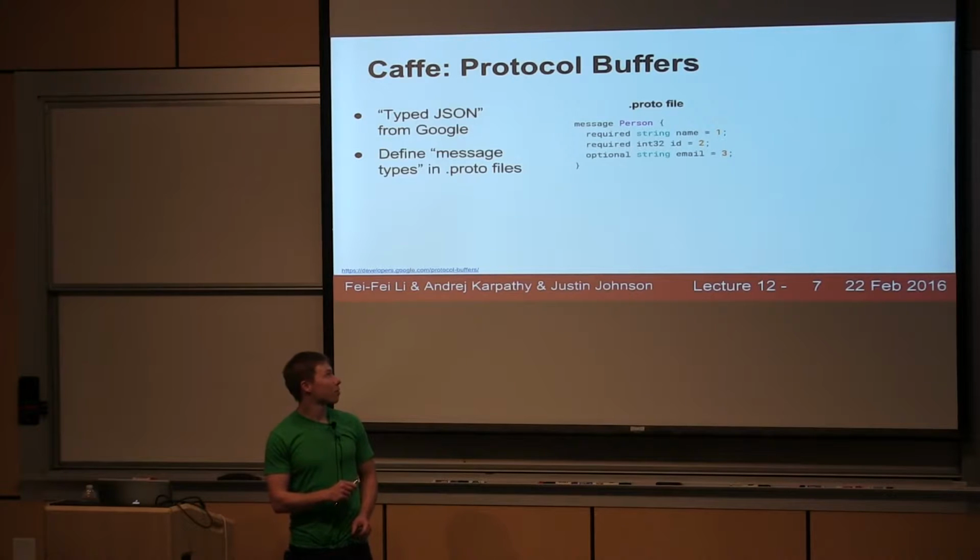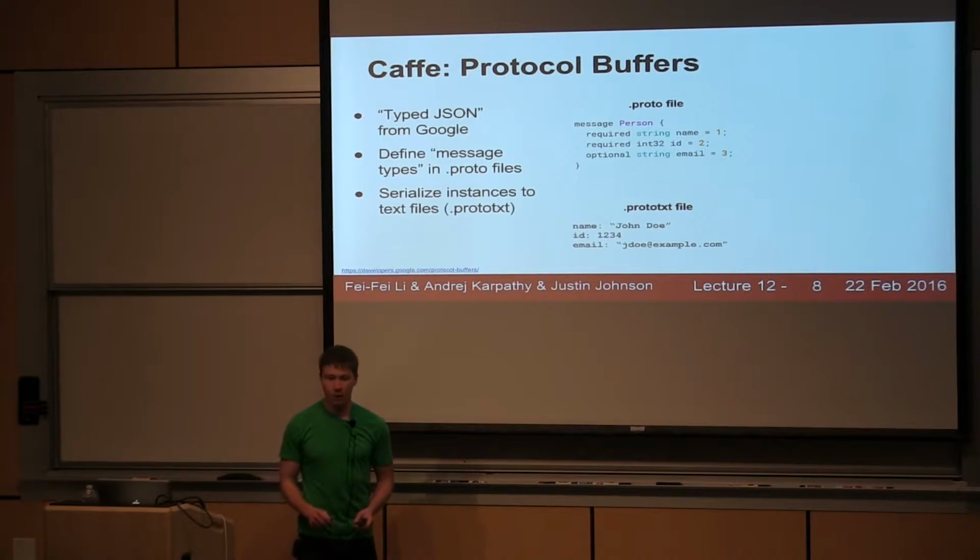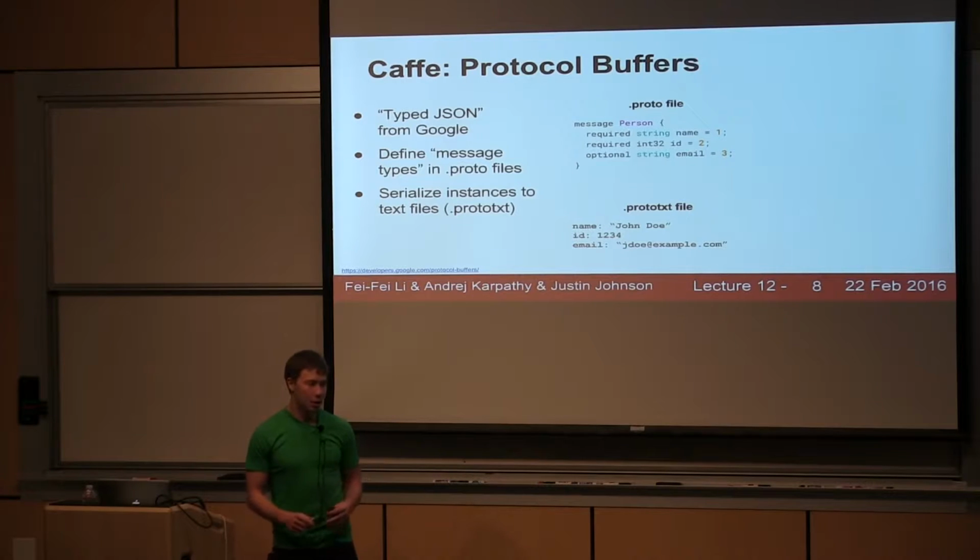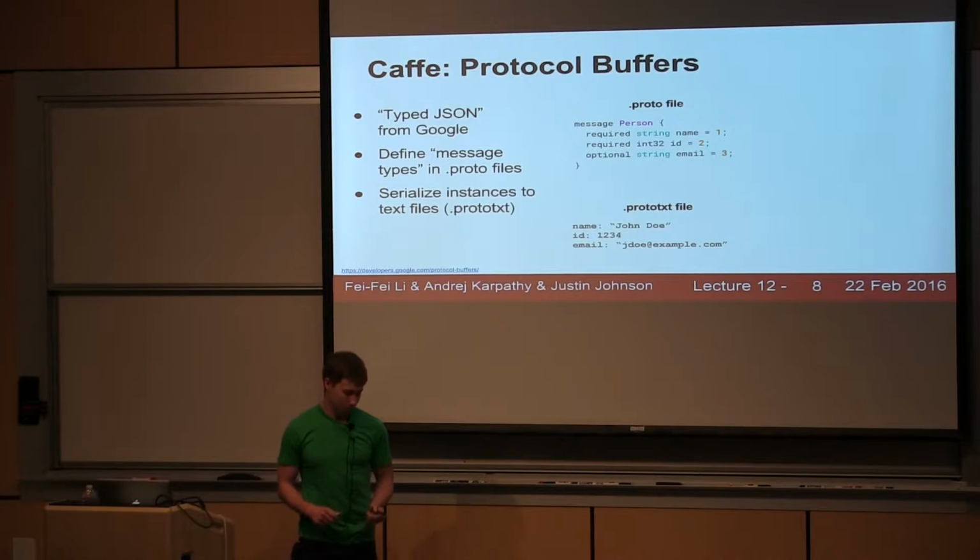So in this example, there's a person that has a name and an ID and an email, and this lives in a .proto file. .proto files define a type of a class, and you can actually serialize instances to human-readable .prototxt files. So for example, this fills in the name, it gives you the ID, it gives you the email, and this is an instance of a person that can be saved into this text file.